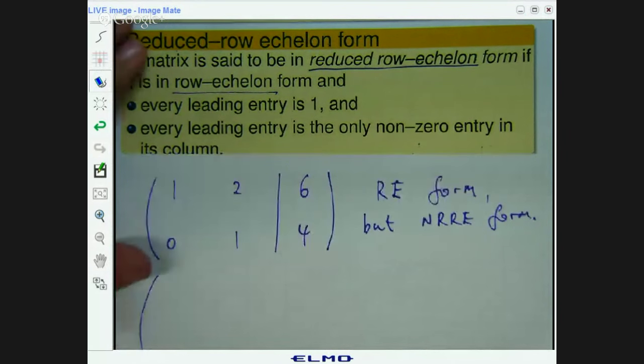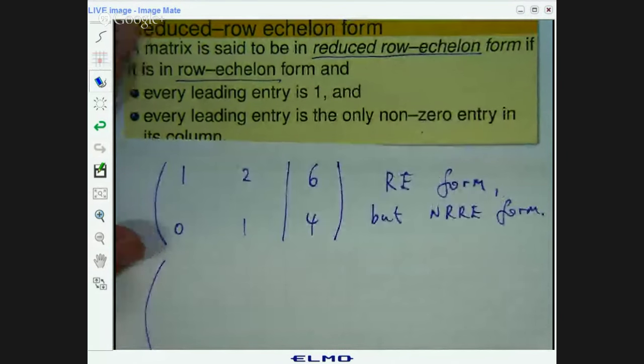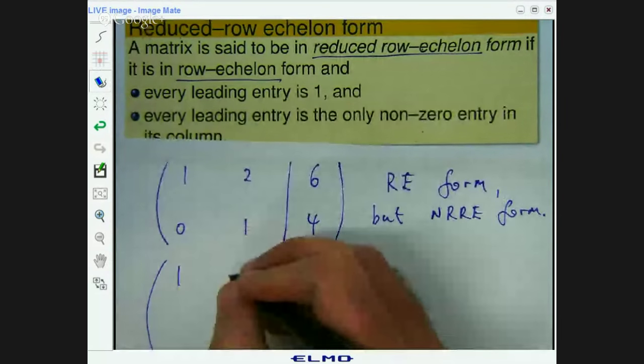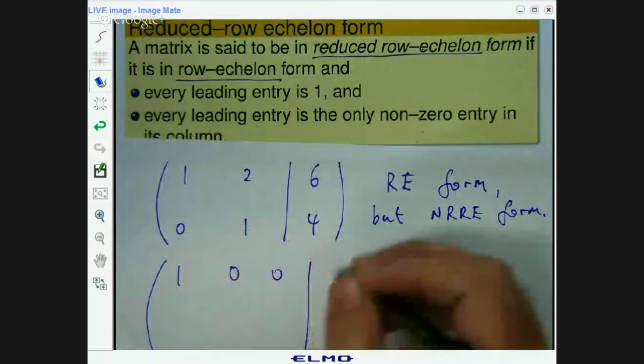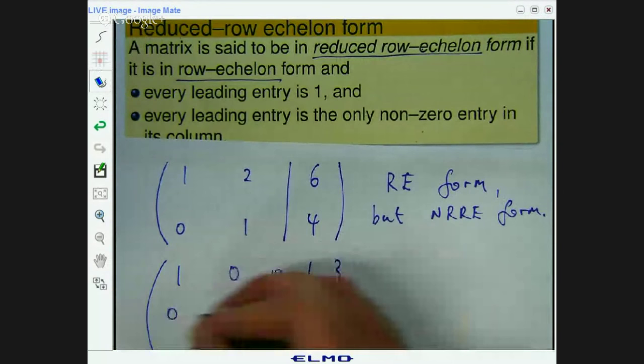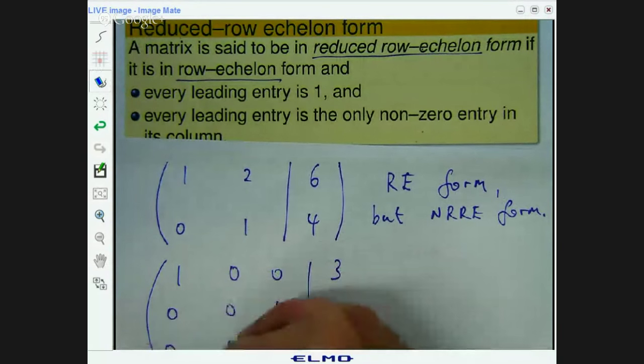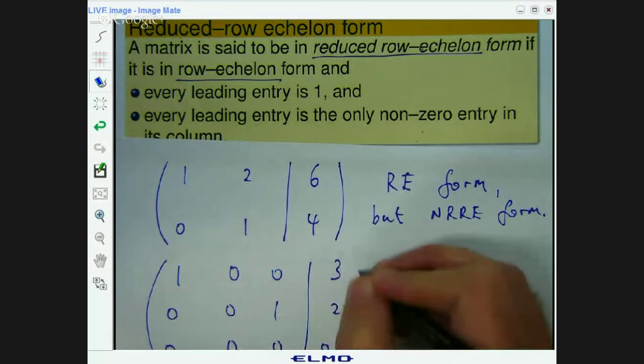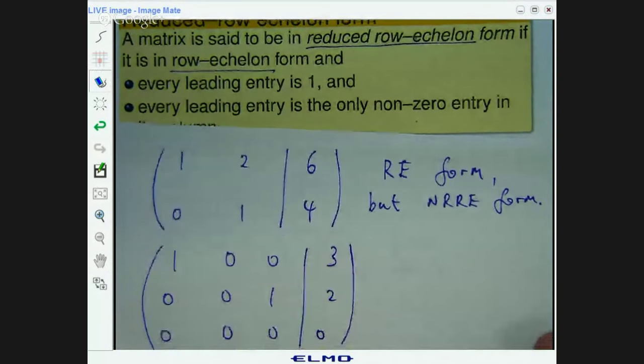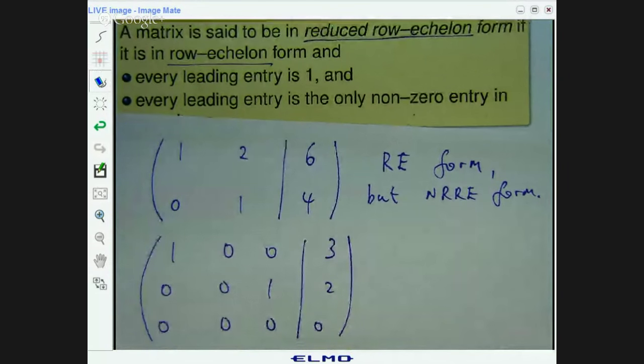Let's do a slightly bigger matrix. Let's go with this one. Okay, let's squeeze that in. Okay, so let's look. First of all, is it in row echelon form? Well, all the 0 rows are at the bottom. That's good. All the leading entries of each row are here and here.